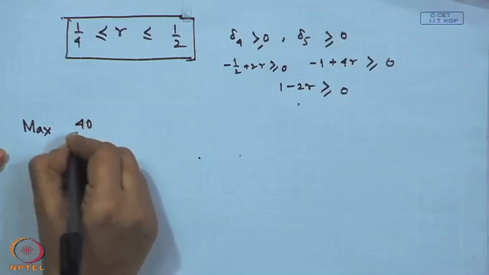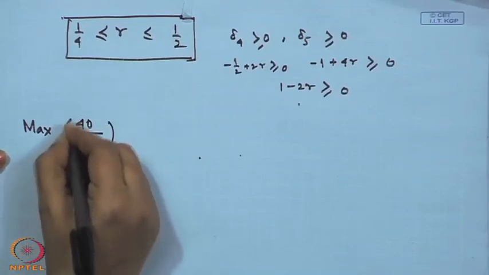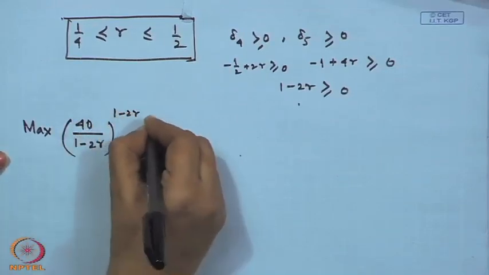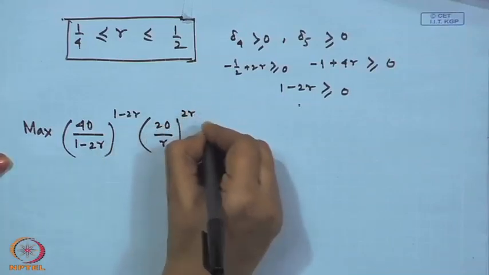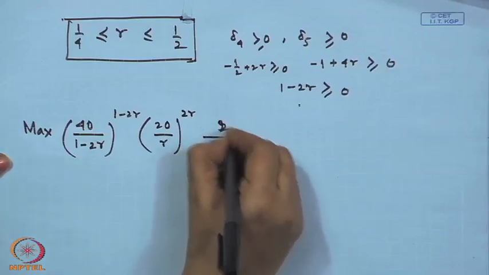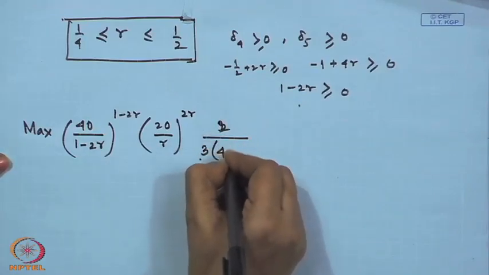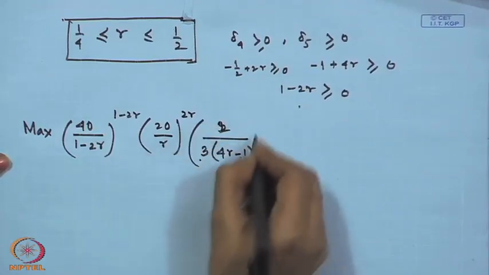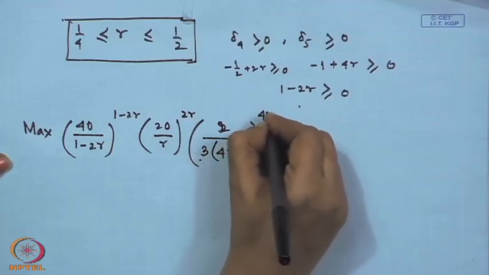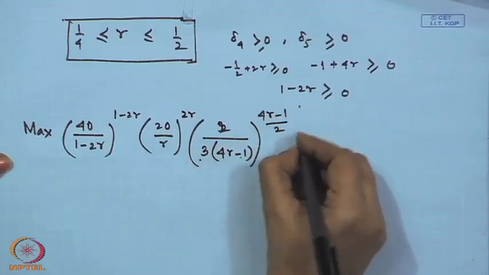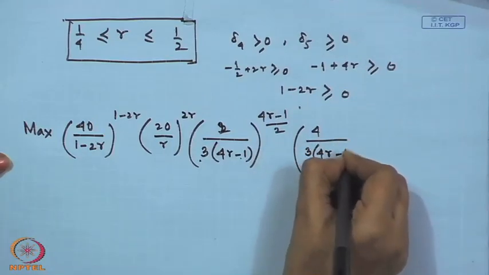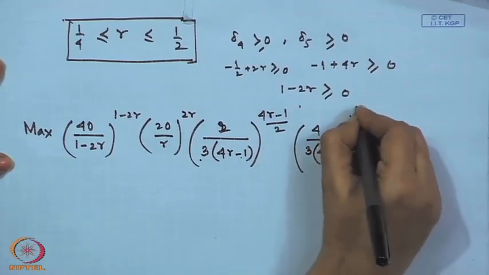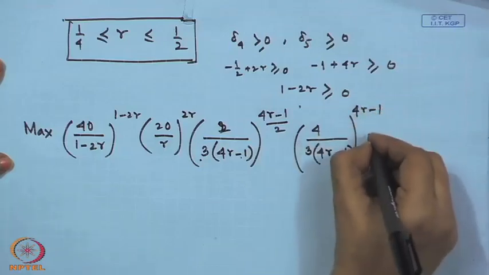If I just put it here, then we will get 40 divided by 1 minus 2 r to the power 1 minus 2 r, 20 by r to the power 2 r, 2 by 3 into 4 r minus 1 to the power delta 3, that is 4 r minus 1 by 2, 4 by 3 into 4 r minus 1, 4 r minus 1, that is delta 4.